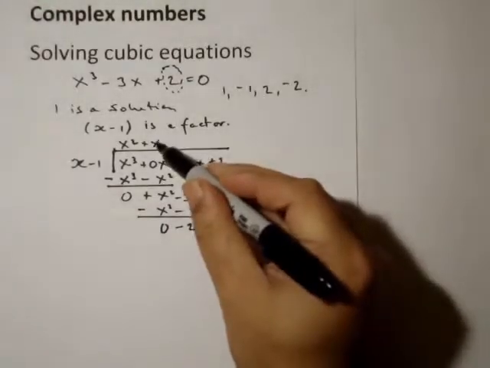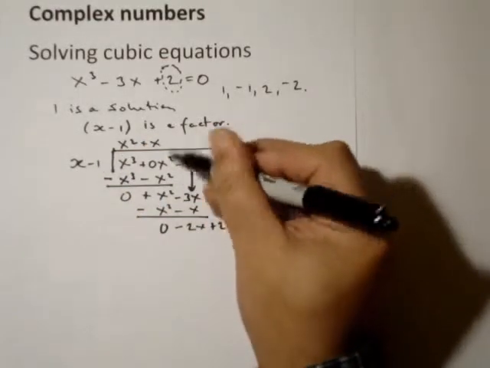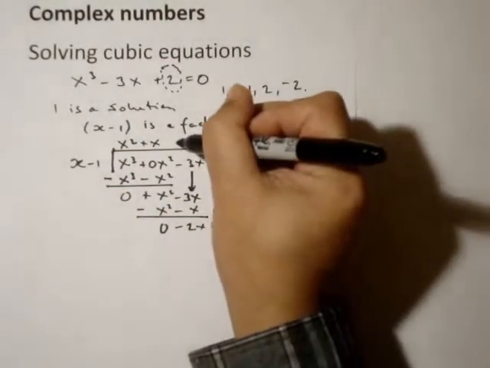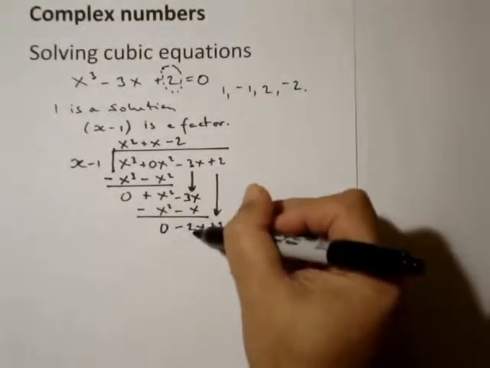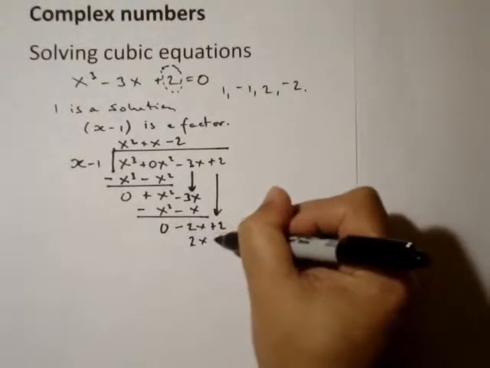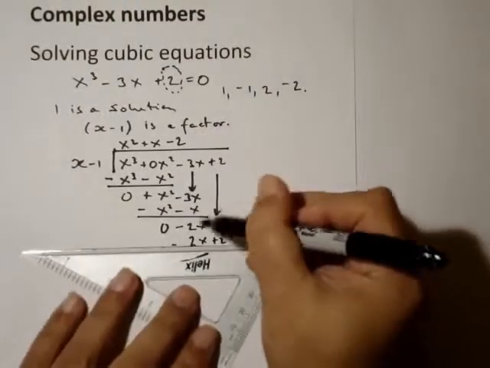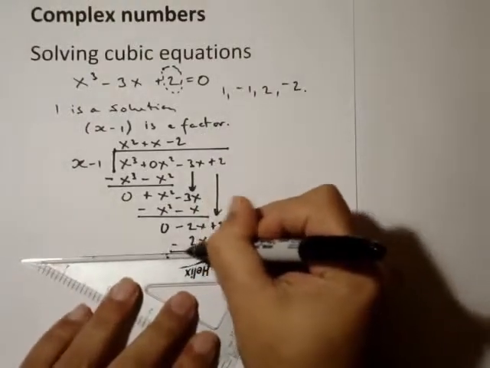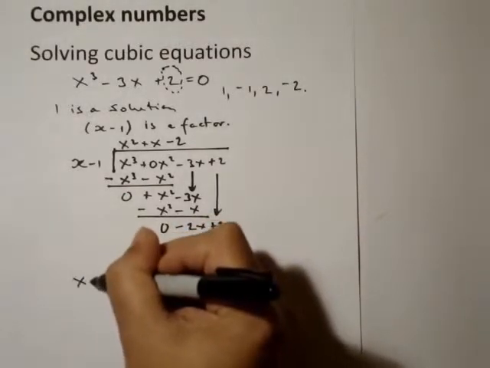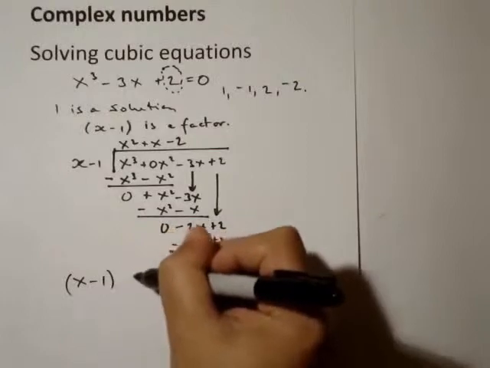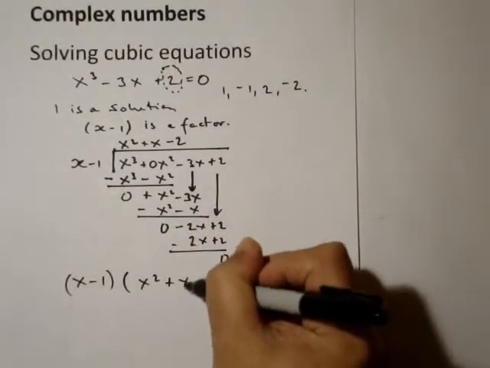And then when we go x into minus 2x, we get minus 2. And then when we multiply by the minus 2, we get minus 2x plus 2, and take away, and that ends up as 0. So we have x minus 1 multiplied by the quadratic x squared plus x minus 2.